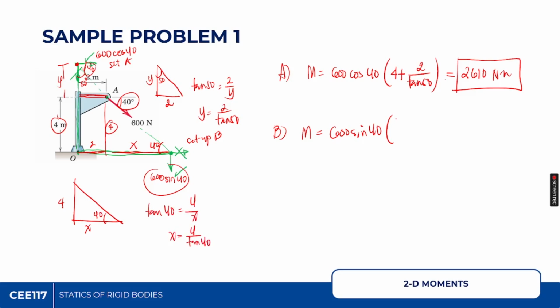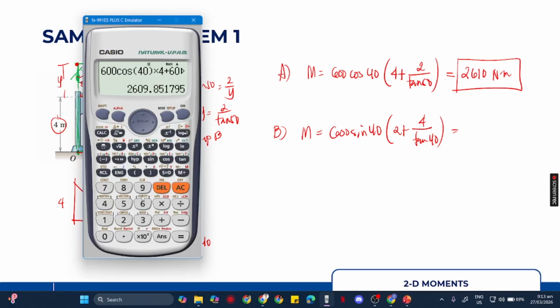So, ito, mangyari niyan, that is 2 plus itong x, which is equivalent to 4 tangent 40. And that is still about, tama ba? Yes, this is still about, let me verify it using our calculator, no? So, this one is 600 cosine 40, and that is 4 plus 2 over tangent 50.